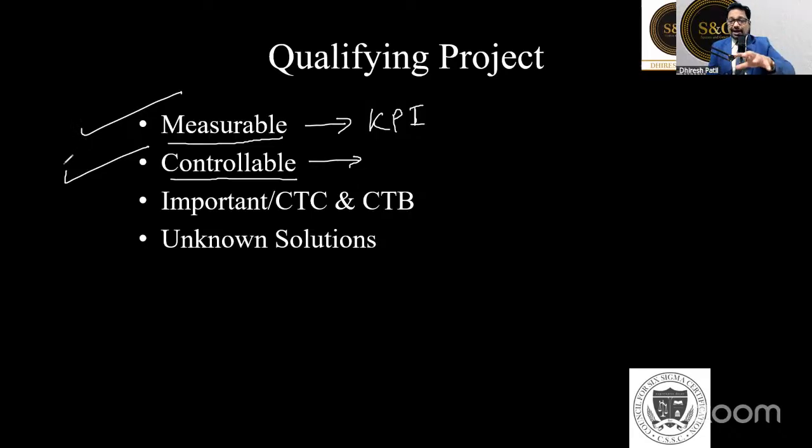So if you take any cost control or inventory control project, the factors are not in your control. Of course, there are a few areas where you can still work, but the majority of the factors are out of your control. So do not qualify them as a Lean Six Sigma project. Any question, please let me know. Measurable and controllable. Controllable meaning the causes of the problem should be within your complete control.